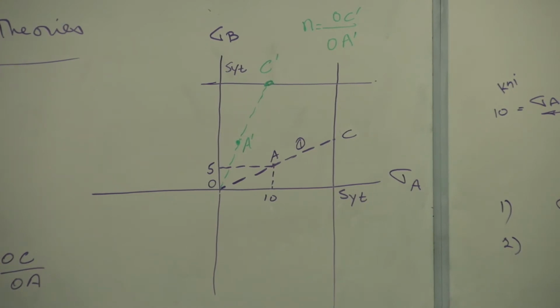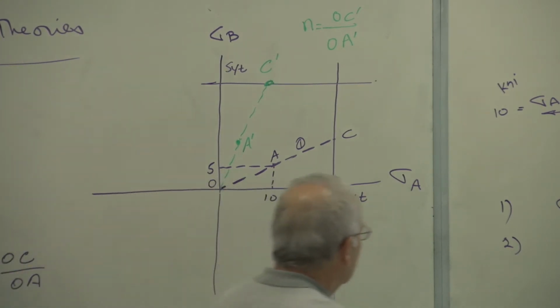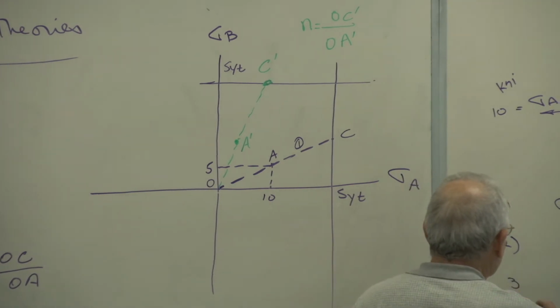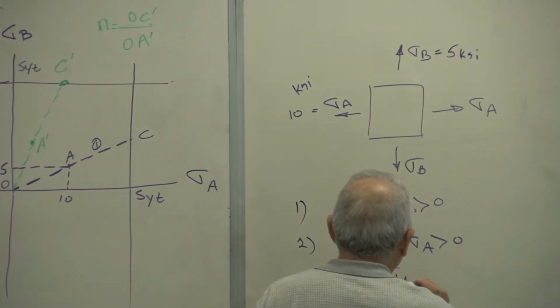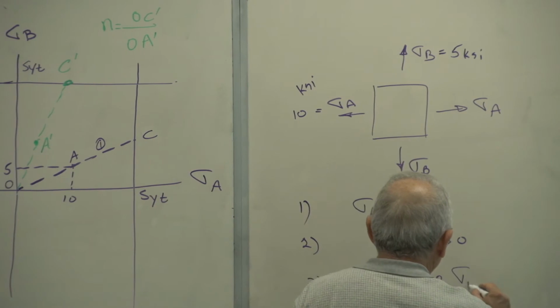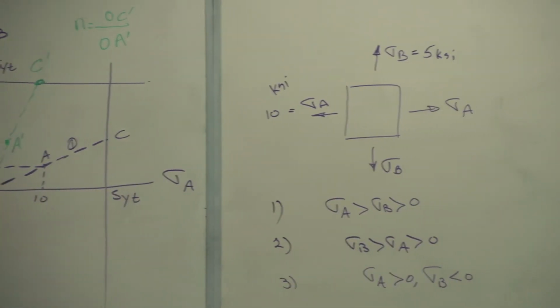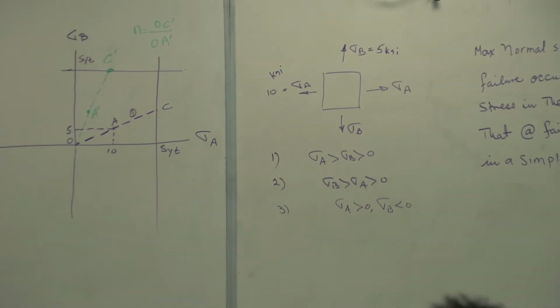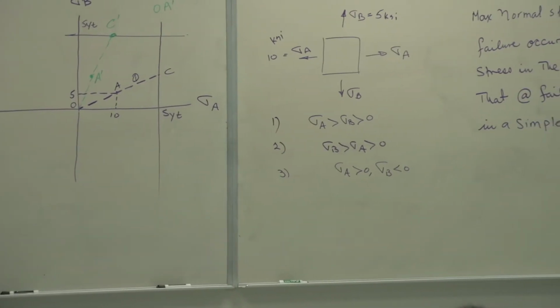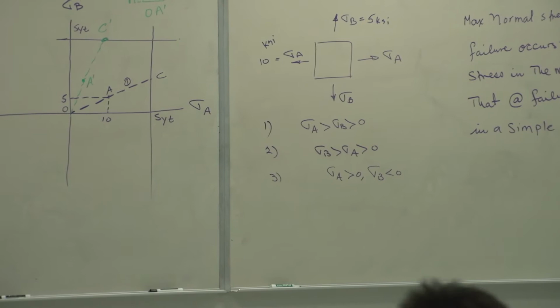Case number 3. Sigma A is positive, sigma B is negative. One is tension, one is compression.